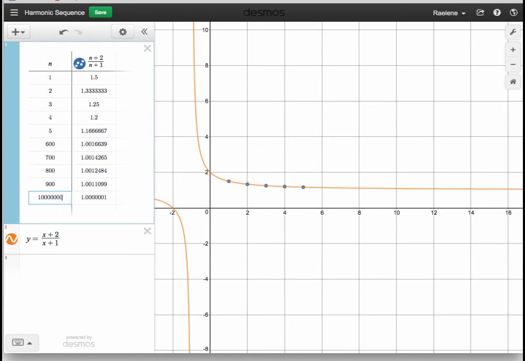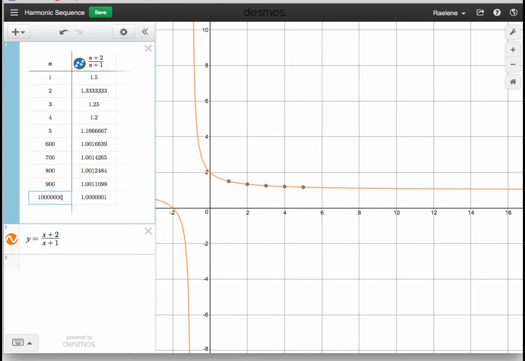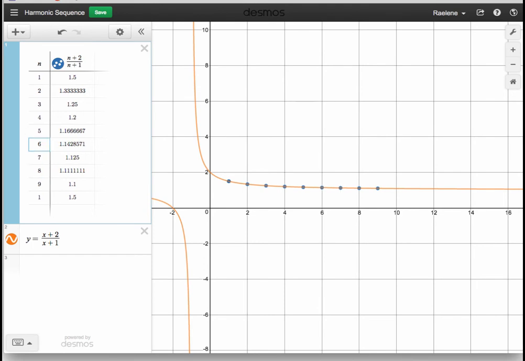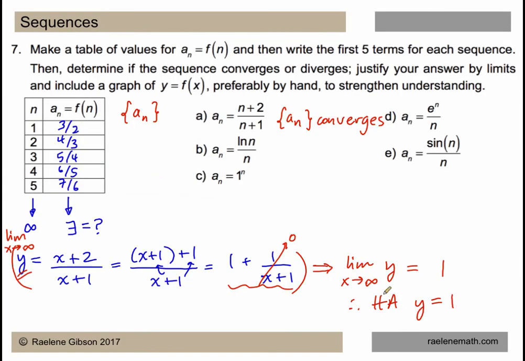In fact, if we use a very, very big value for n, almost approaching infinity, we see that the calculator starts to call this 1. So indeed, we do have a horizontal asymptote from numerical, graphical, and algebraic approaches by using some algebra techniques for calculating the limit, as we saw here.